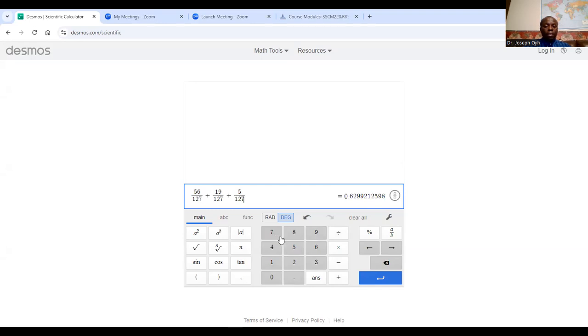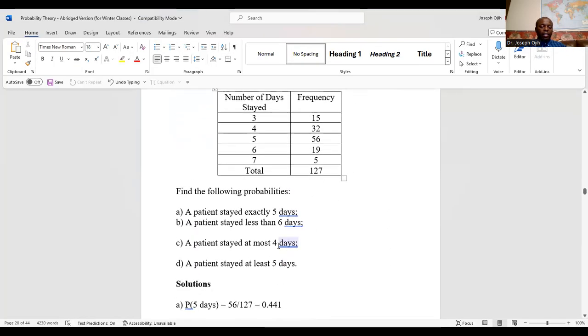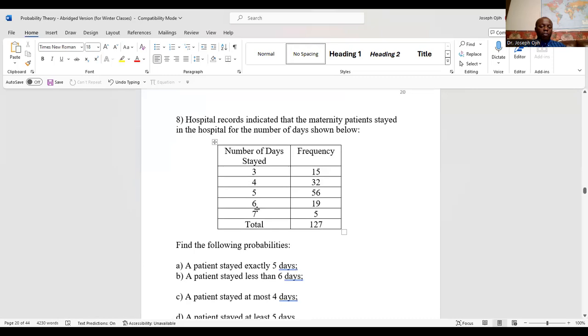Let me see if I'm forgetting anything. No, I'm not. Here, I'd say at least 5 days, I mean 5 or more: 56 over 127 plus 19 over 127 plus 5 over 127. Okay, click it there.